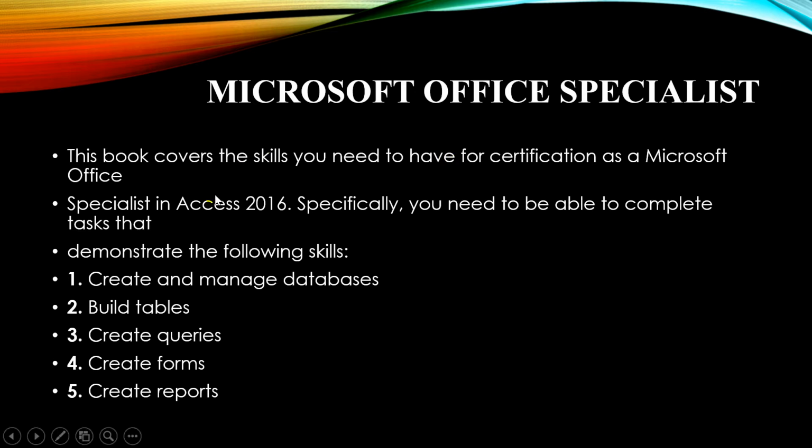This version is about Specialist in Access 2016. It means when you learn this, it doesn't matter, you will learn 2019 too, and it covers 2013. Especially, you need to be able to complete tasks that demonstrate the following skills.